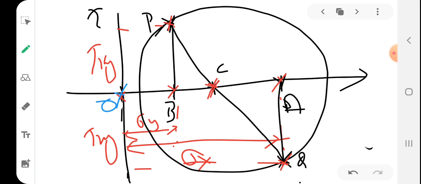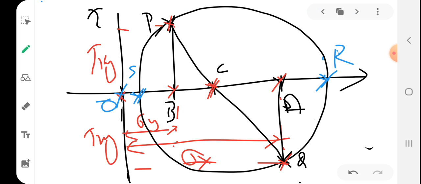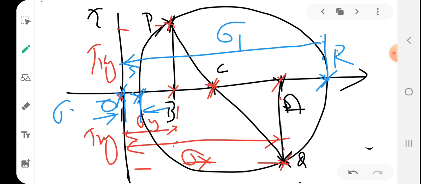If you mark the two points where the circle meets the x-axis, suppose this is R and this is S. This particular value of sigma, mark it as sigma 1, and this particular value as sigma 2.